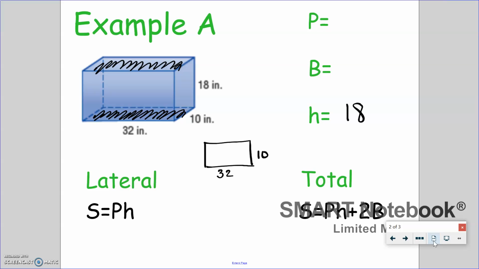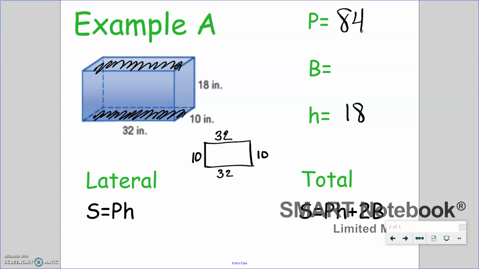So if I know this is 10, this is 10, and then this is 32. So the perimeter of my base is all of my sides added together. 32 plus 32 is 64, plus 20 is 84. So the perimeter of our base is 84.